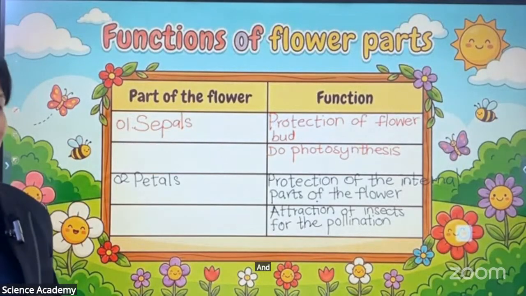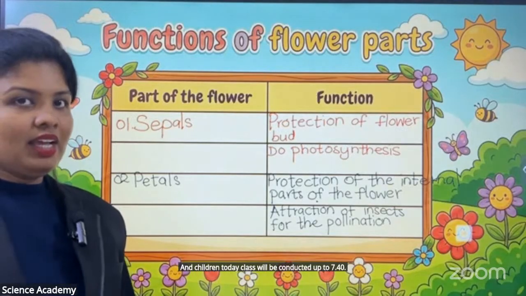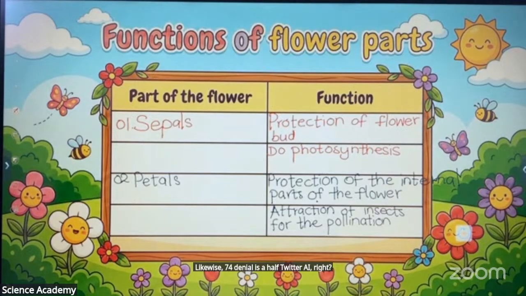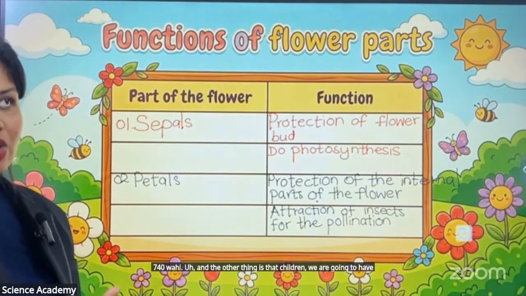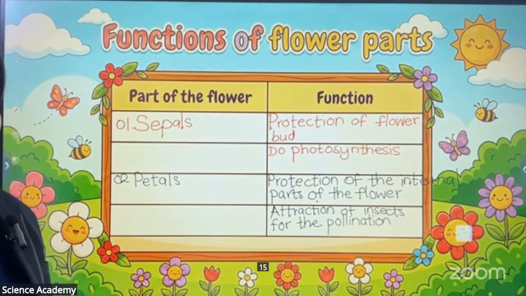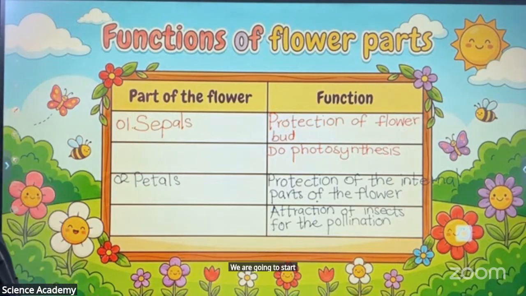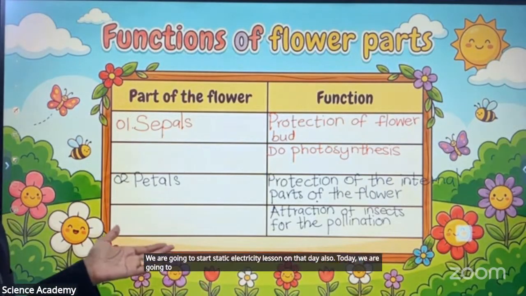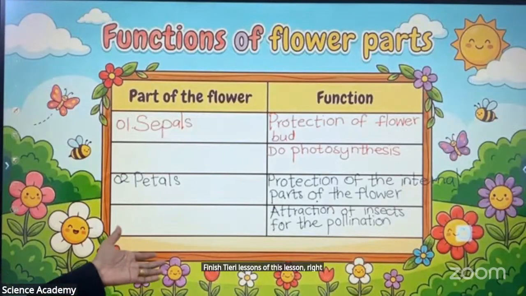And children, today's class will be conducted up to 7:40. Likewise, 7:40, just 10 minutes more. And another thing, children, we are going to have an extra class on the 15th. We are going to start the static electricity lesson on that day also. Today we are going to finish the theory lessons of this unit.